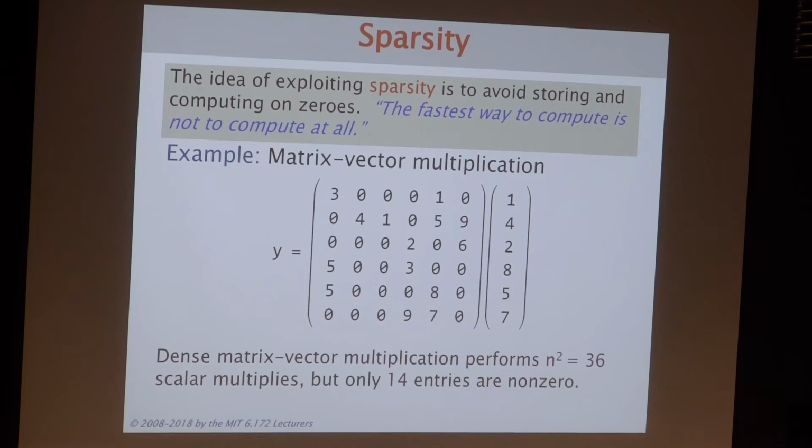But if you do dense matrix vector multiplication, that's going to perform n squared, or 36 in this example, scalar multiplies. But it turns out only 14 of these entries in this matrix are non-zero. So you just wasted work doing the multiplication on the 0 elements because you know that 0 times any other element is just 0.